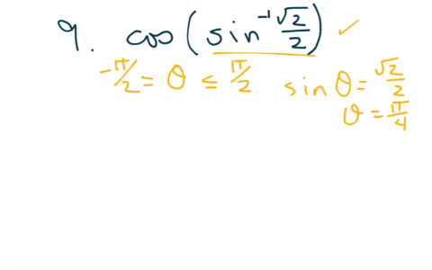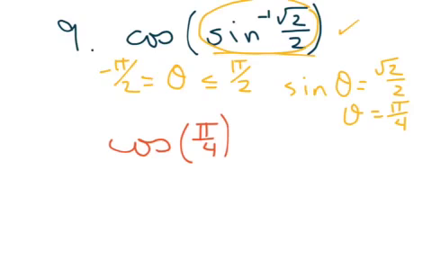So we look at cosine. Since this whole thing equals pi over 4, we're now looking at cosine of pi over 4, and this equals root 2 over 2. And you just look on your chart. This is all in quadrant 1, so it was actually pretty easy.